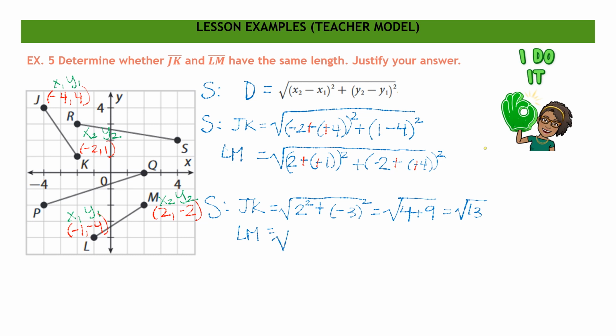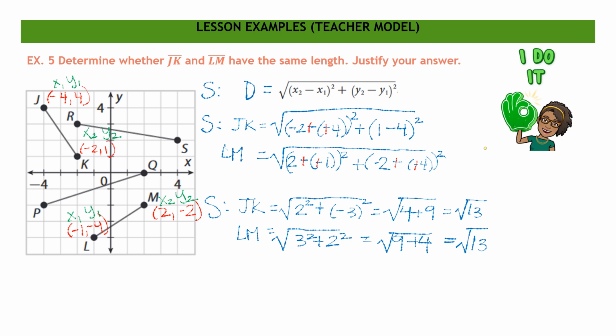So let's come down here. 2 plus 1 gives me a 3 squared, plus negative 2 plus 4 gives me a positive 2 squared. And it looks like we're going to have the same thing. 3 squared gives me a 9. 2 squared gives me a 4. And as we did for line segment JK, 9 plus 4 gives me the square root of 13.